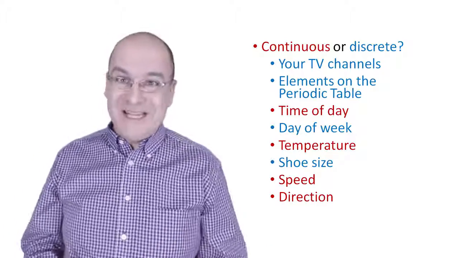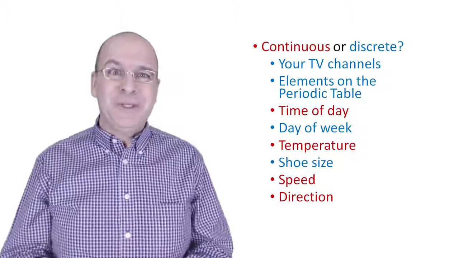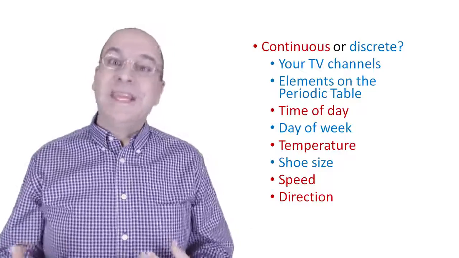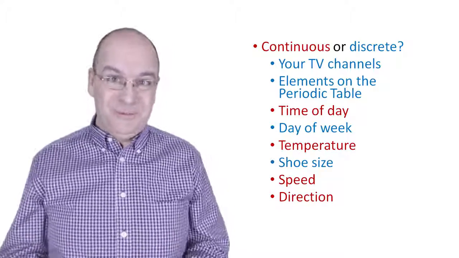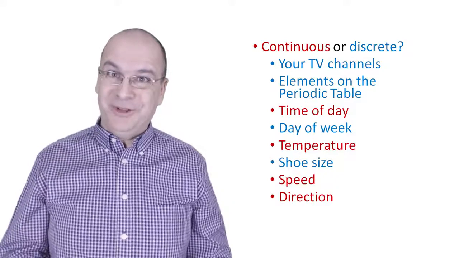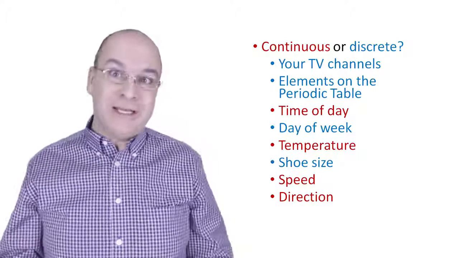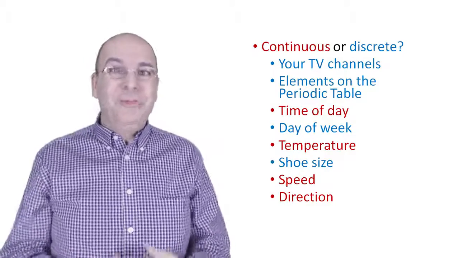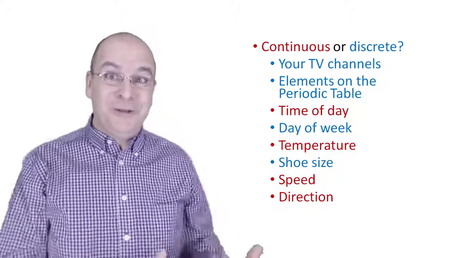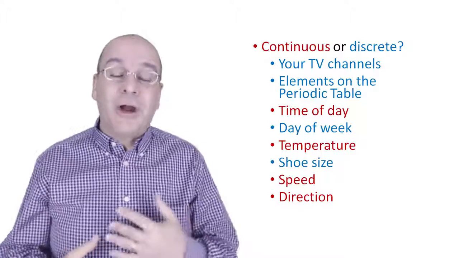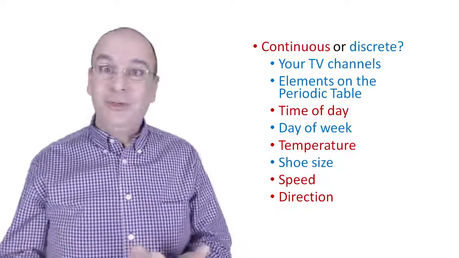The discrete data in our list is the TV channels that you have available to you, the elements on the periodic table, the day of the week, as we discussed previously, and shoe size. So even though there are a large number of shoe sizes, particularly in Europe, but not in the US, in the US we have a set number, and there are more shoe sizes in Europe.